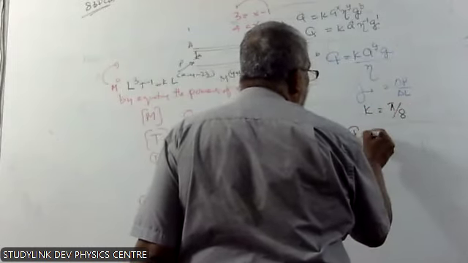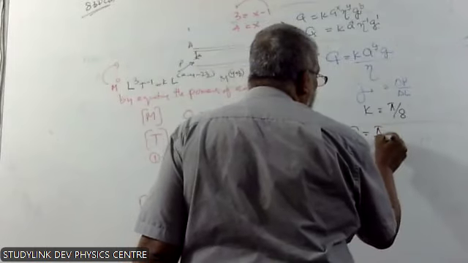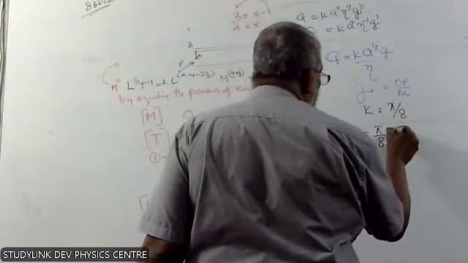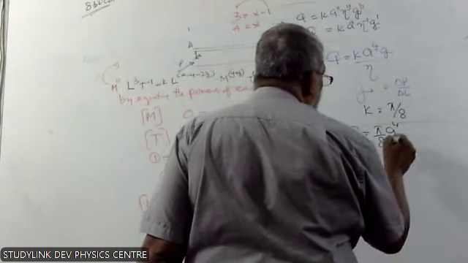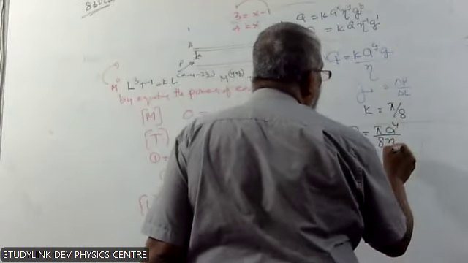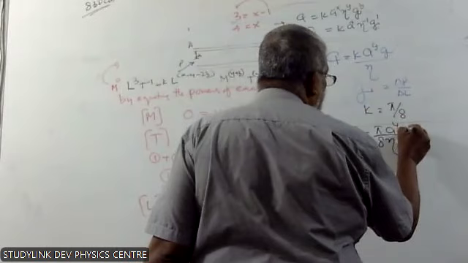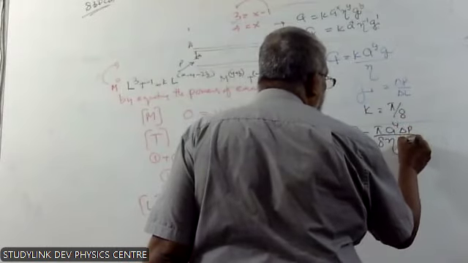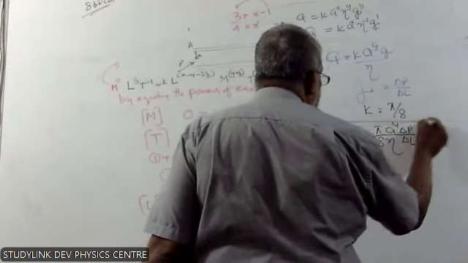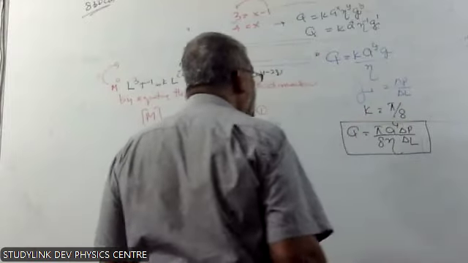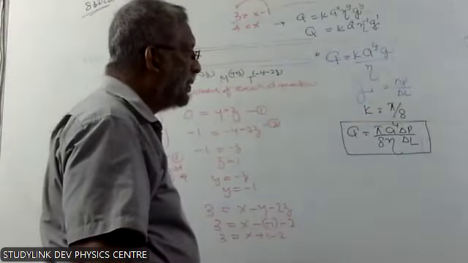Then q is equal to pi by 8 a to the power 4 divided by eta, times delta P over delta L. This is called Poiseuille's equation.